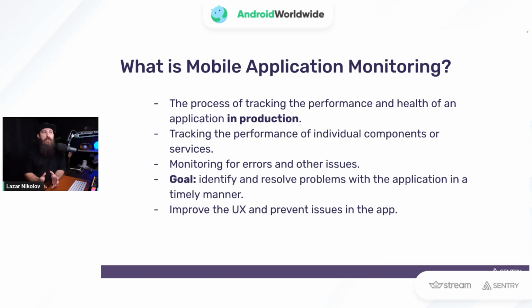So the goal of mobile application monitoring solutions is to identify and resolve problems with the application in a timely manner. The more you identify and the more you resolve the issues in your app, the more you're going to improve the UX and prevent issues in the app. If we learned anything in terms of business and why UX is important, the better the UX is, the more money the business is going to make.